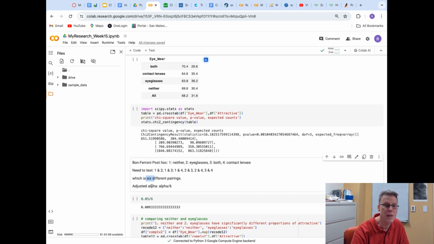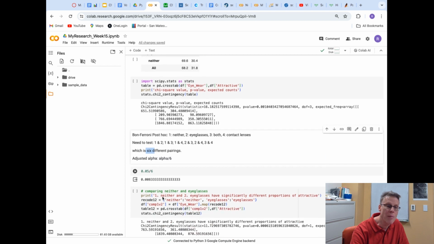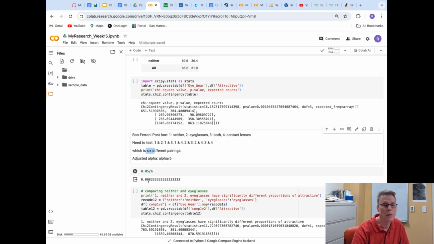Whatever this is, how many pairings you're actually going to work with, that's what you divide your original alpha by to get what's called your adjusted alpha. So in my case here, 0.05 divided by 6 is 0.0083. So now the p-values that I'm going to get when I run my Python, I'm going to see if they're smaller than 0.0083. Okay, that's kind of the first step.